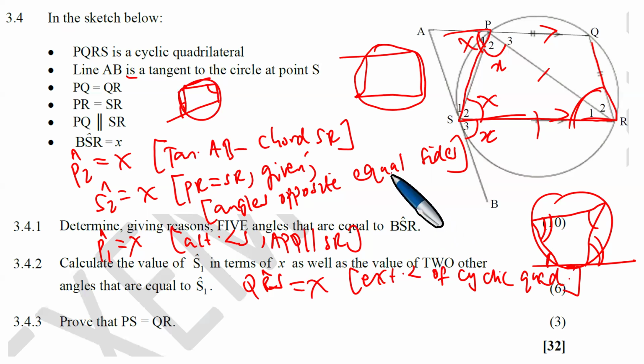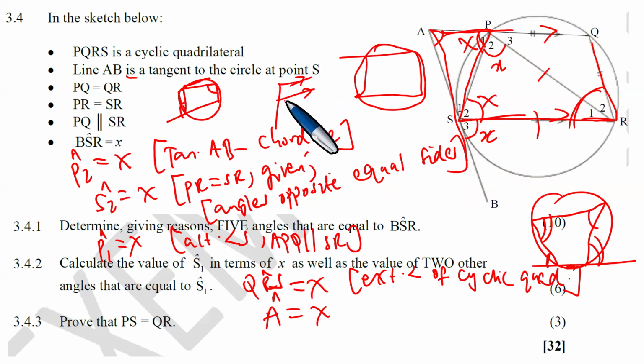Next, the angle A is also X. This angle is also X because this is parallel to this, then this angle equals this, and those are called corresponding angles.